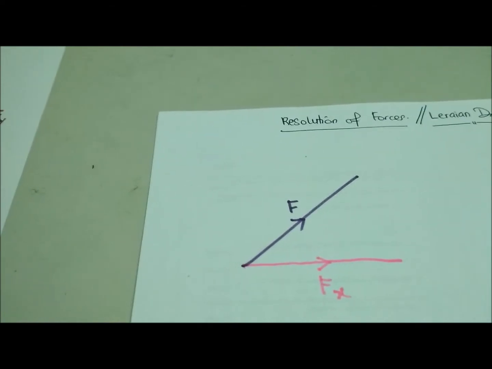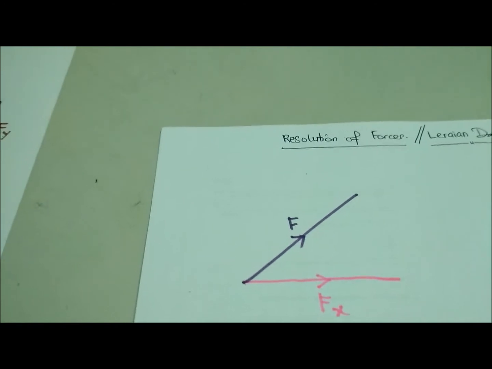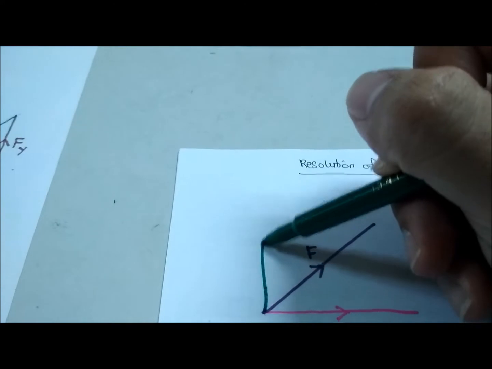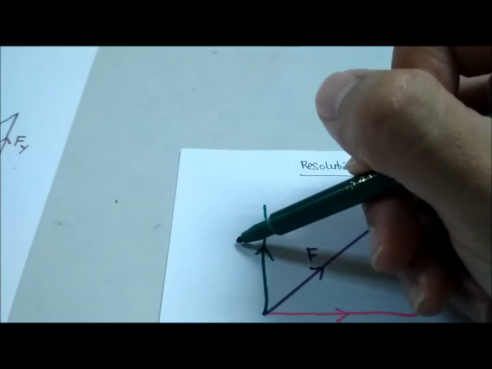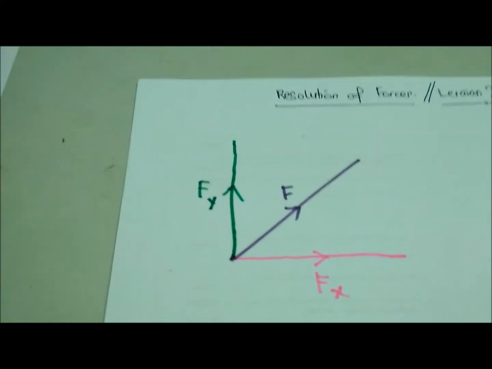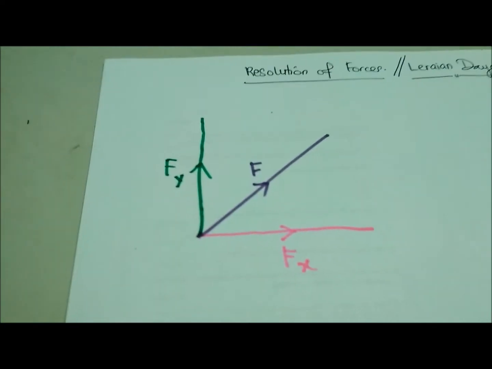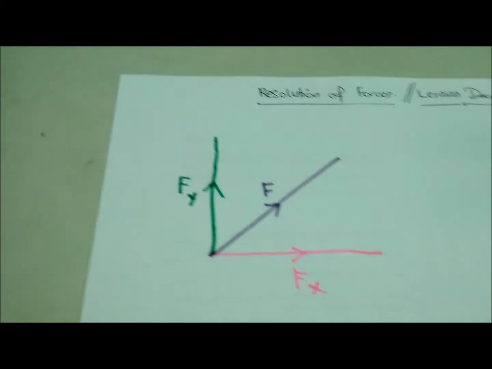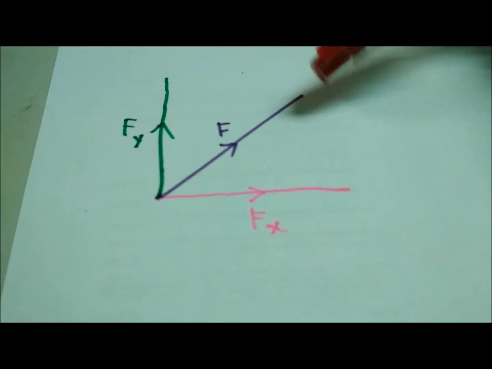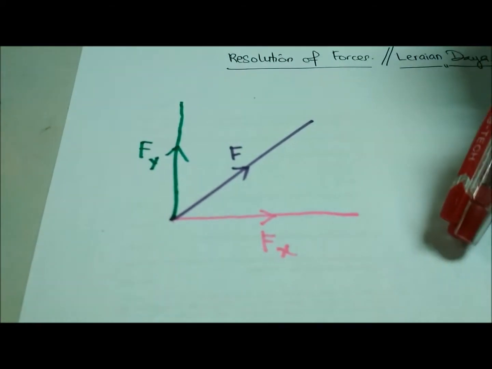Let's say we use green color. So this one is Fy. This is what is known as resolutions of force. We can break this force into two components, Fy and Fx.